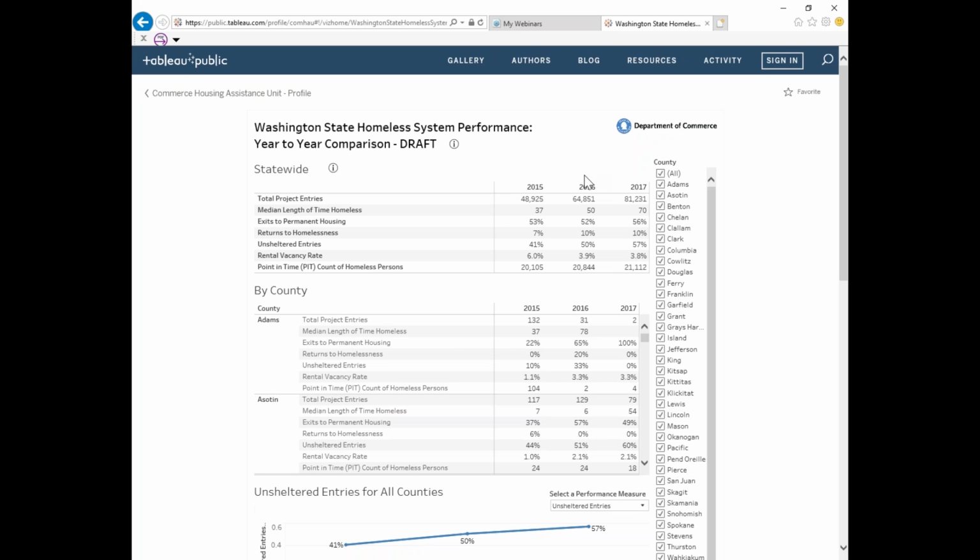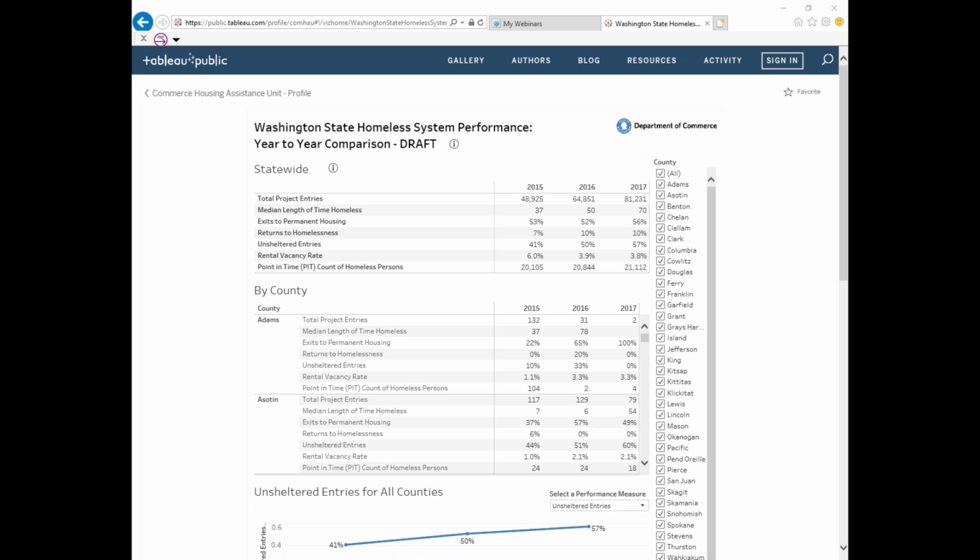So if you ever have any question about the data source or how things were calculated, they'll be in the tooltips, and it's also on one of the handouts I provided in the webinar.